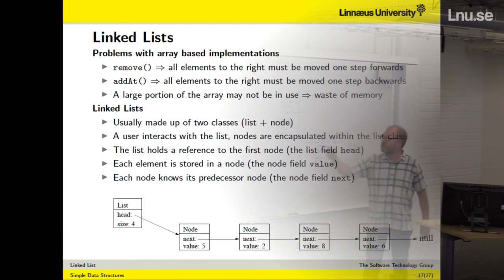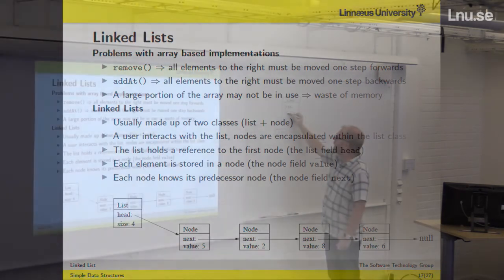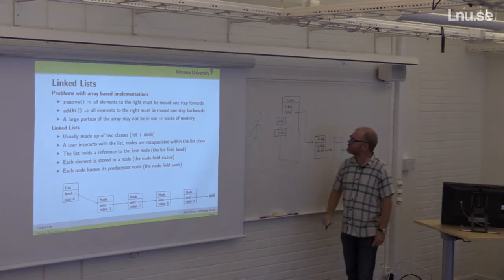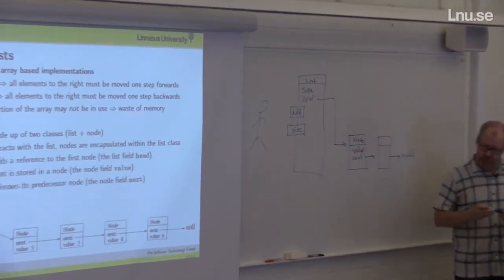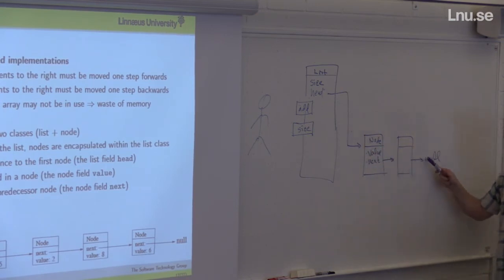It only keeps track of the first one. It's not called next, it's usually called head, the first one. So when we are adding a new element, we are traversing this list until we find null, that means no more elements, and then we are attaching a new node here, and this one then points to null.